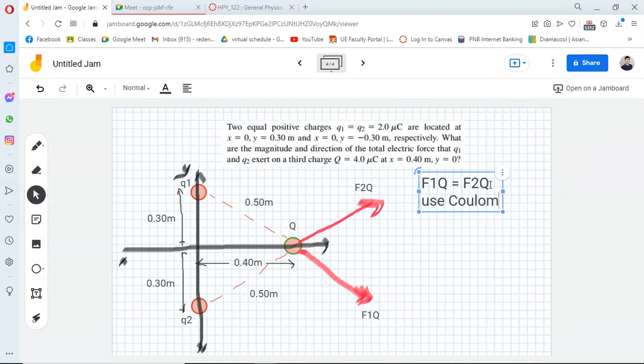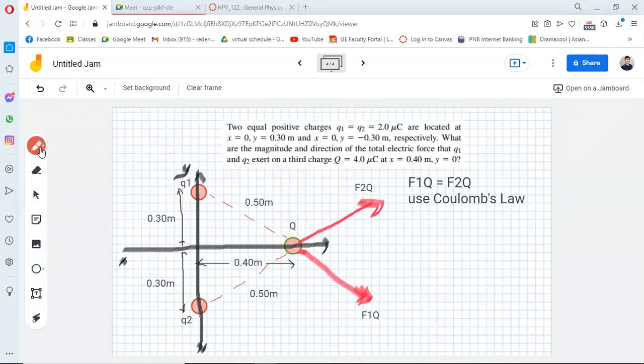Use Coulomb's law para makuha mo yung values na yan. And then afterwards, pag nakuha mo na yan, you would now be able to find the net electric force in this setup. You can now get the electric force on this charge Q due to this charge Q1 and charge Q2.